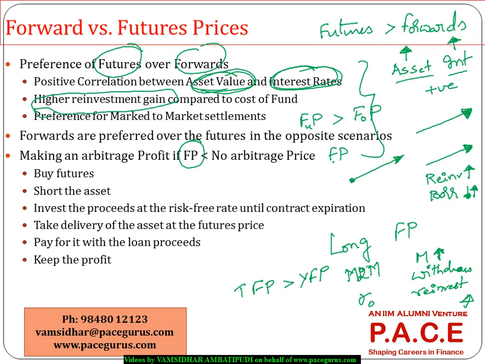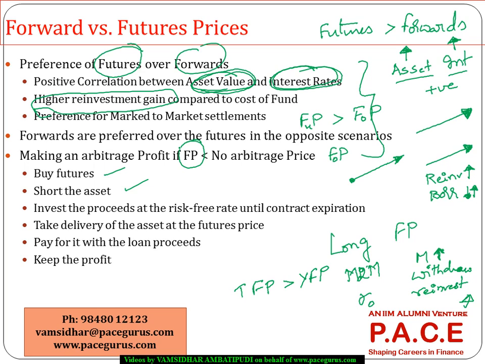If the futures price is less than your forward price, the simple logic is: buy the futures and short the asset. Buying the futures means going long on futures, so you will buy the asset sometime in the future at a fixed price. Right now you short the asset at a higher price, and you invest the proceeds at the risk-free rate until the expiration of the contract.